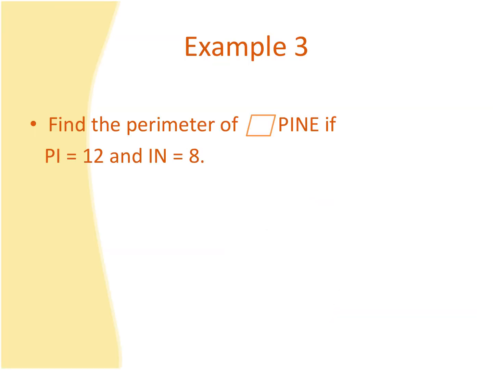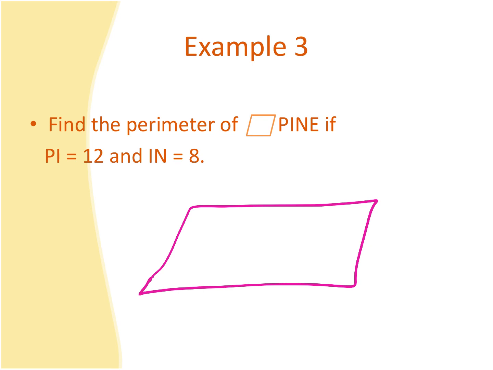Example 3 says to find the perimeter of parallelogram PINE. Now, a picture was not provided, so I'm going to go ahead and draw one myself. So go in order. So P, I, N, E. It doesn't matter where you start, but just make sure that you go around it in order.